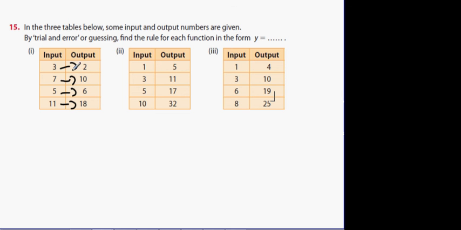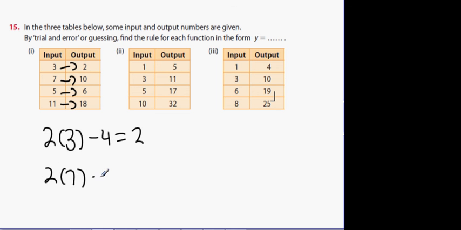Yeah, so Dennis is saying 3 turns into 2, but 7 turns into 10. So if you do 2 multiplied by 3 minus 4, that equals 2. 2 multiplied by 7 minus 4, what do you get? 10. 2 multiplied by 5 minus 4.